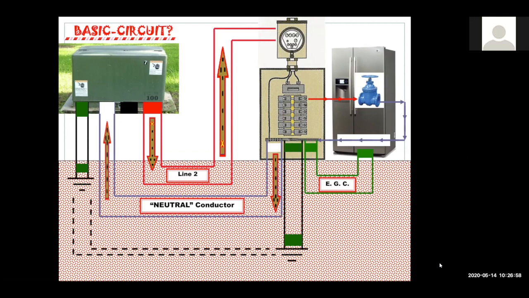But I want us to look at the refrigerator. Another part of this story and my concept in teaching electricity is the load. The load is the resistance of whatever you're supplying. In this case, it's a refrigerator. It's got refrigerant compressors and lights and stuff. So the load is a valve. Think about it this way.